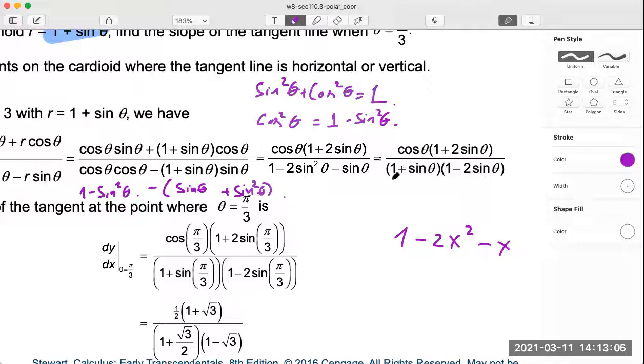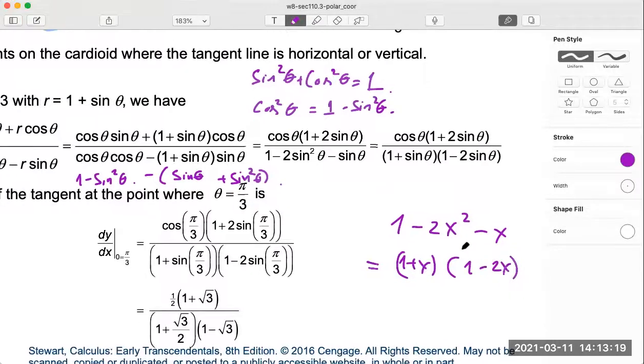And we factor it out, and this becomes 1 plus x times 1 minus 2x. That is why we have this equality here. Okay. Just follow the notes.